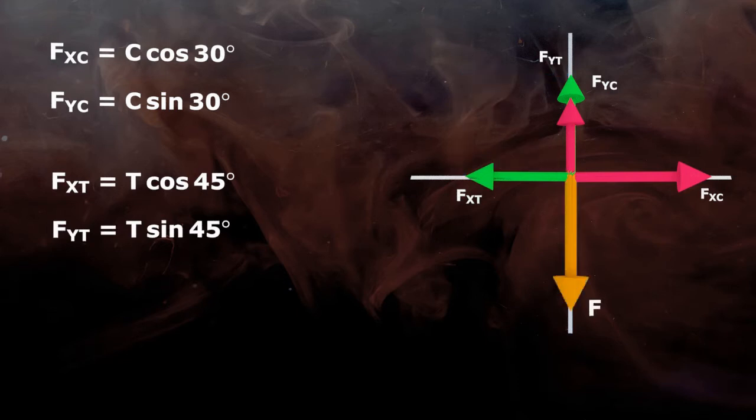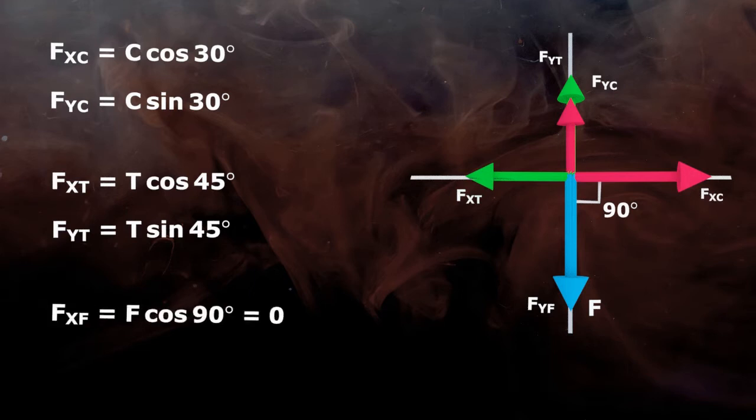Third force F makes a 90-degree angle to horizontal. So x component will be F cos 90 equals 0 and y component is F sin 90 equals F.